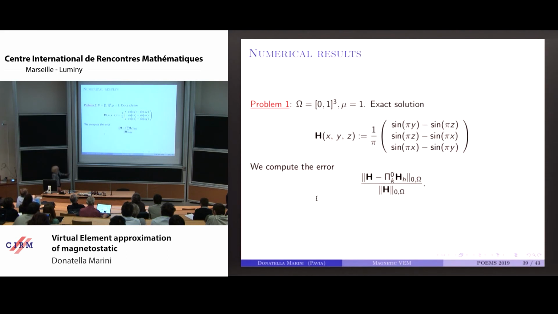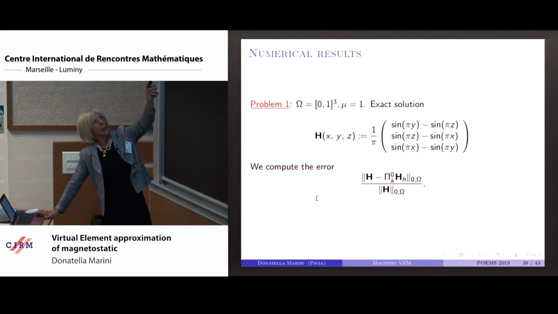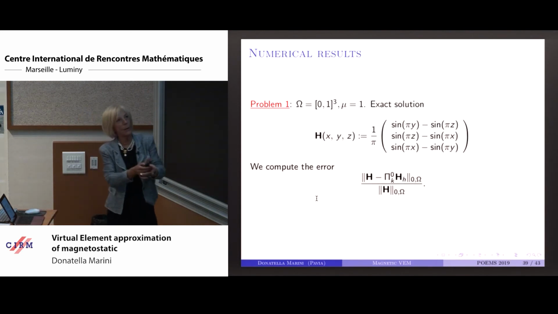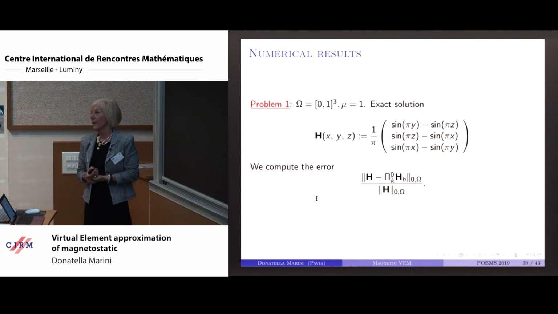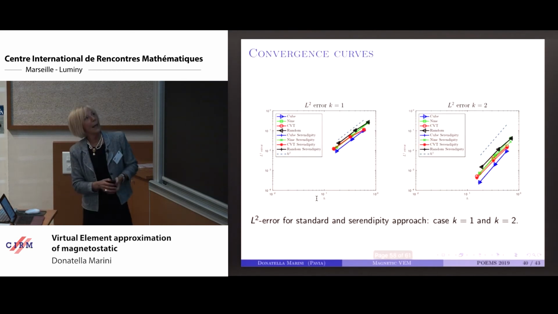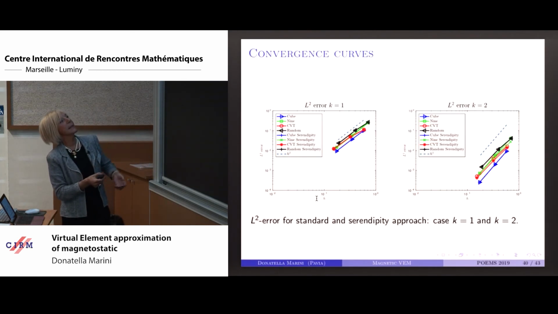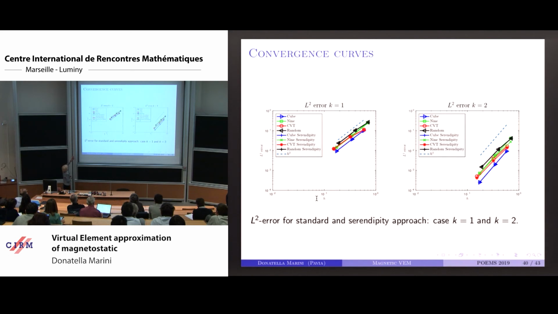And here, the first problem is with constant permeability mu, and the exact solution, this vector here, and the error that will be plotted is this error here, as before, between h and the projection of the discrete solution onto constants, because we don't know the discrete solution inside. And this, if you can read it, if you can see it, sorry.